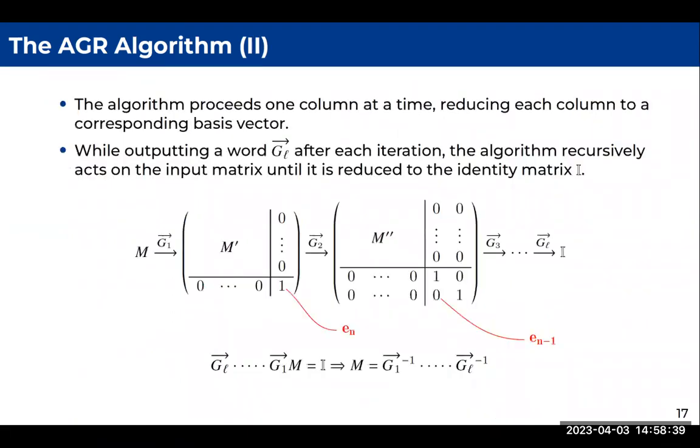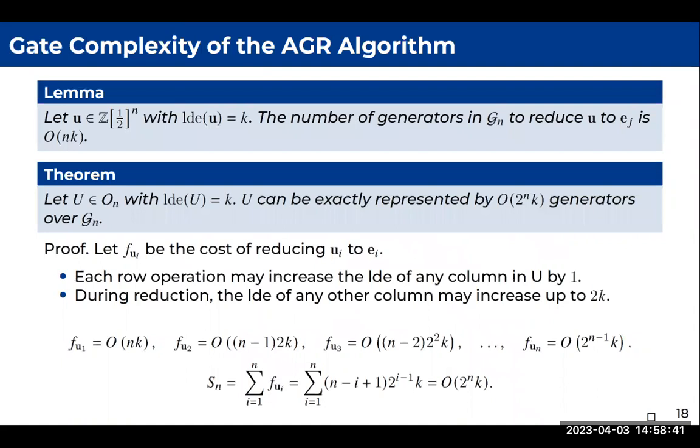Right. So the complexity is analyzed before, but I just want to demonstrate why it is so expensive to do this AGR algorithm column by column. Now, we know from the earlier slides that the unitary reduction is reduced to the column reduction. When we look at a column, in the worst case, we have n entries to deal with, and the number of generators in G_n is O(nk), where k is the least denominator exponent of that column.